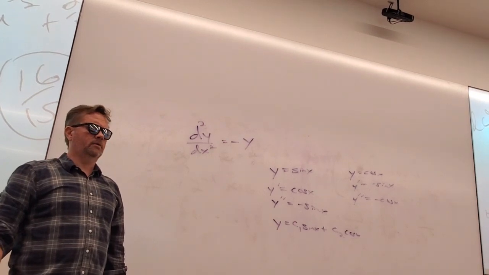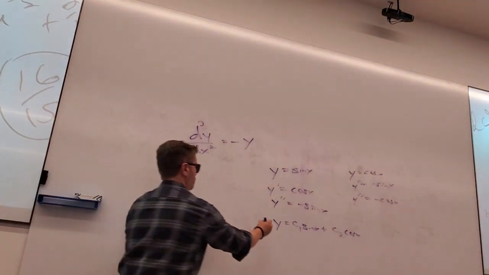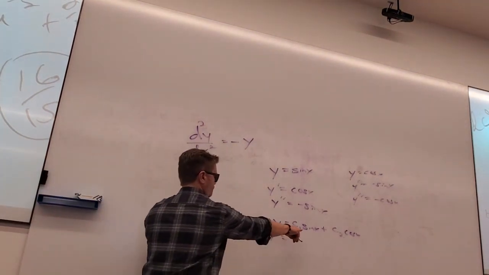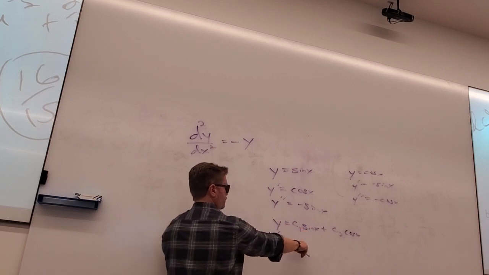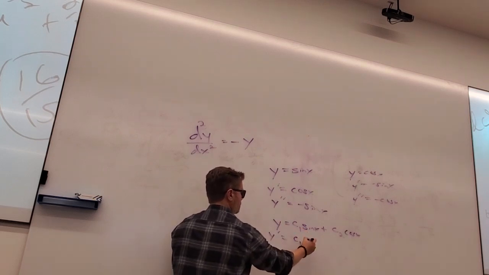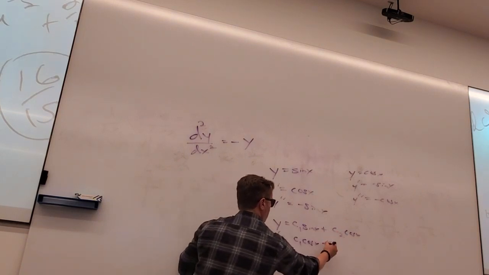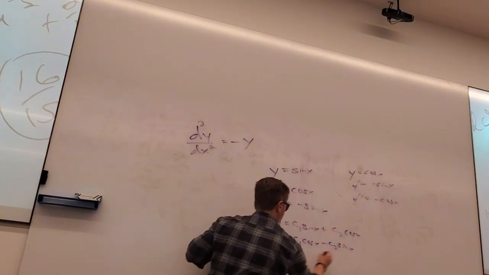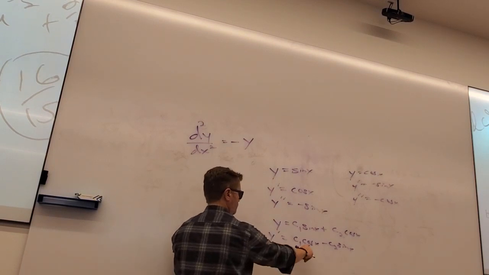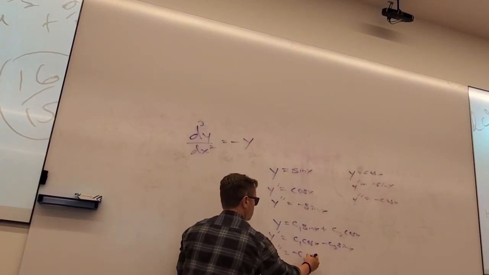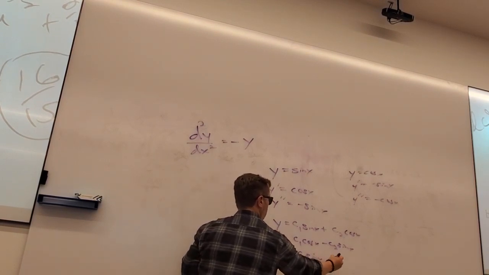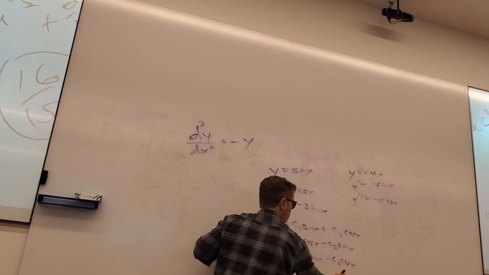Okay, maybe. Let's see, real quick. What's y prime? C1 cosine x? Minus. Yeah, minus C2 sine. And then what's y double prime? Negative C1 sine x minus C2 cosine x, yes?